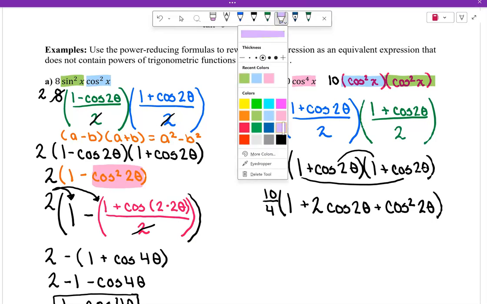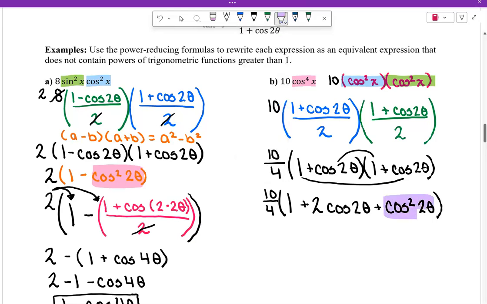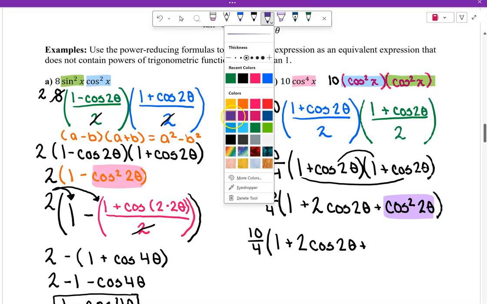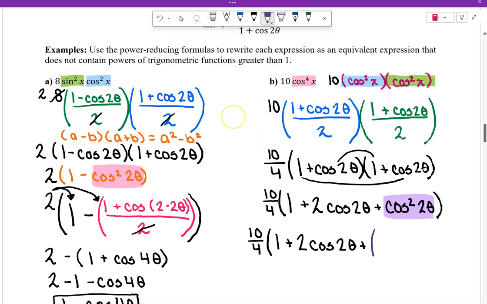So it looks like we're going to have to change this one. So we're going to have 10 fourths, 1 plus 2 cosine 2 theta plus 1 plus cosine.